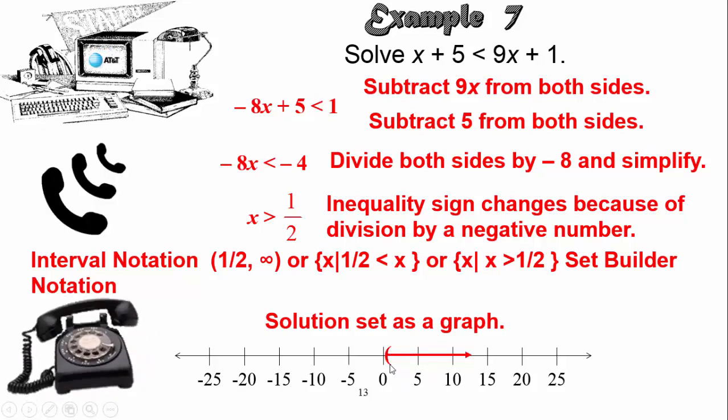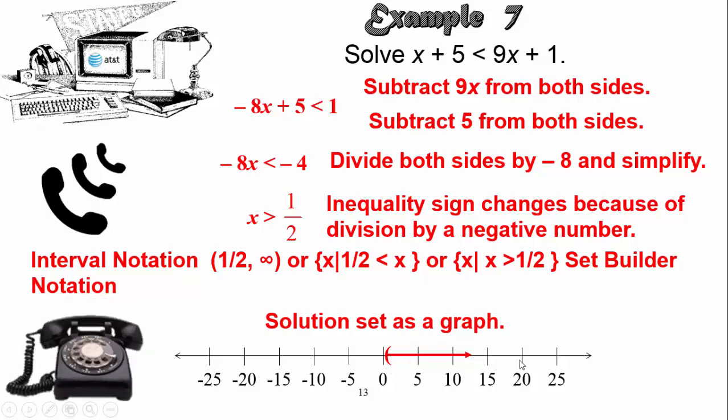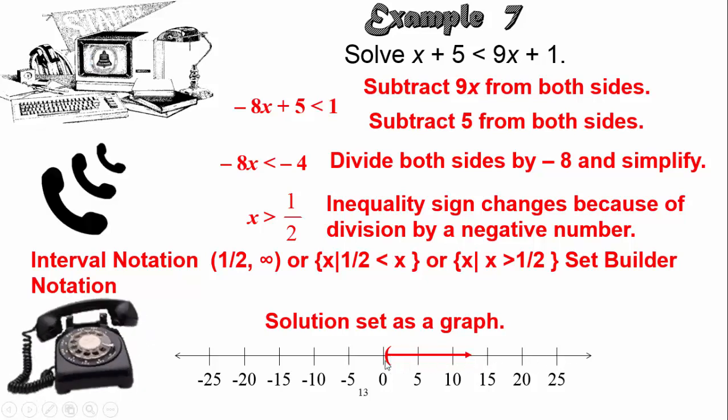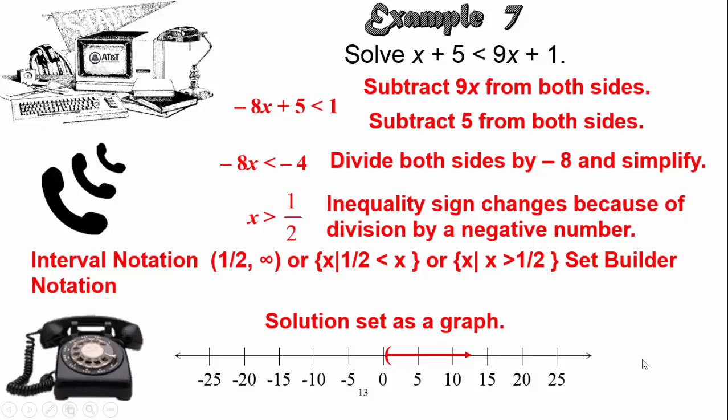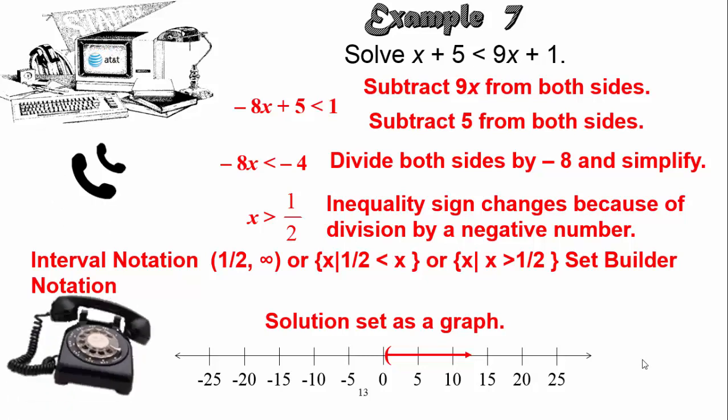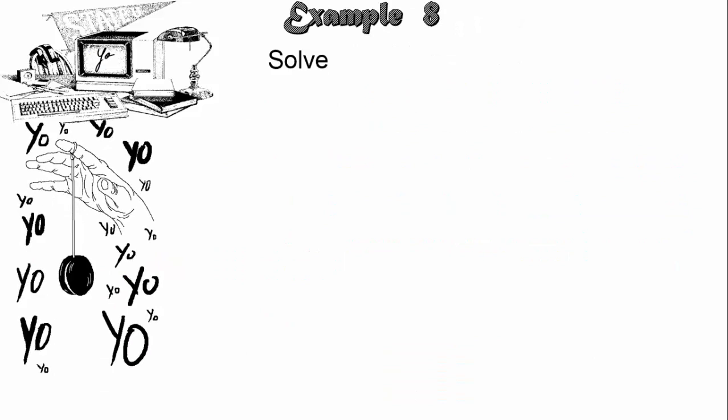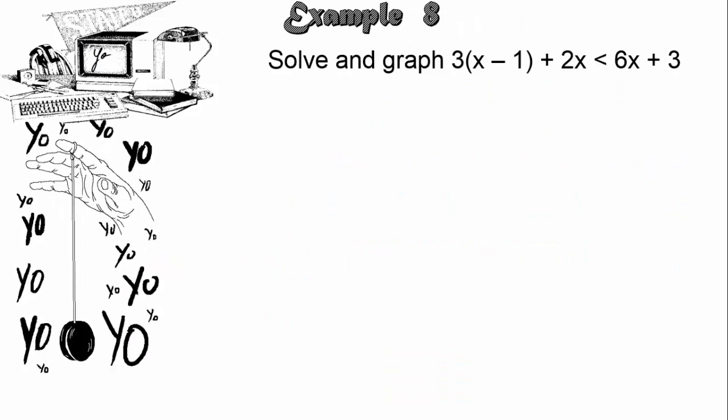And as mentioned, since x is getting bigger and bigger, the arrow is pointing to the right, which means positive infinity. In example number 8, we're asked to solve and graph this inequality.